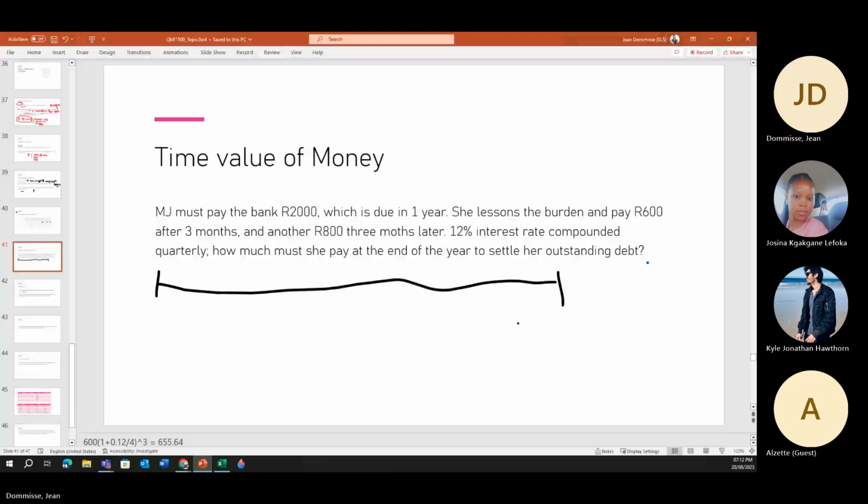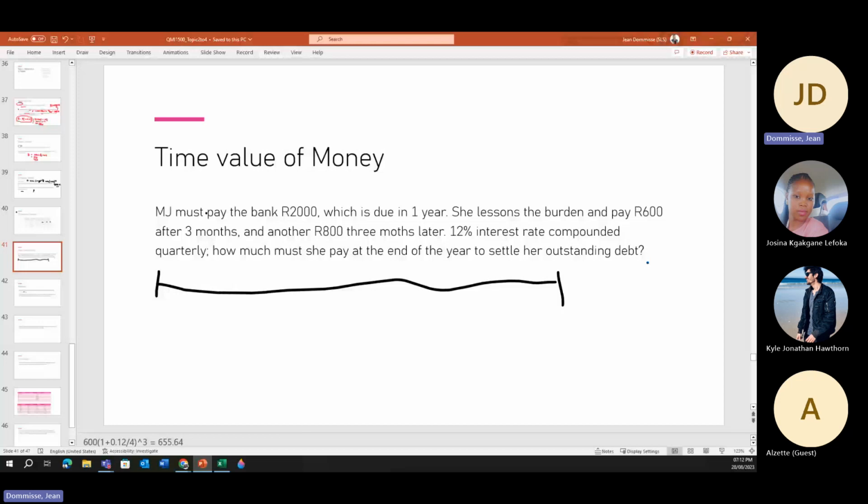And again, they will not ask you to draw a timeline, but to help you get to the answer, it helps to draw a timeline. So imagine that was a straight line. Let's look at what they're saying.